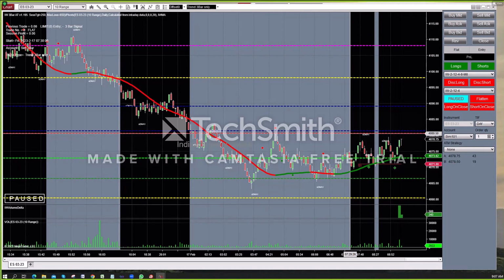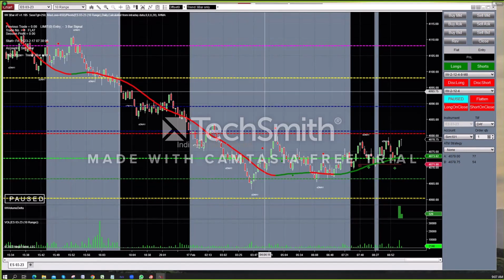So one auto trader per instrument per account, right? So if you want to run a 10 range and a 6 range like Ed does, both at the same time, no problem. You can do it in simulation. You have one in Sim 101, one in Sim 102, or however many accounts you have.